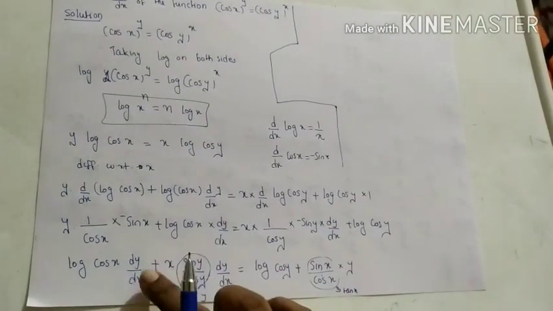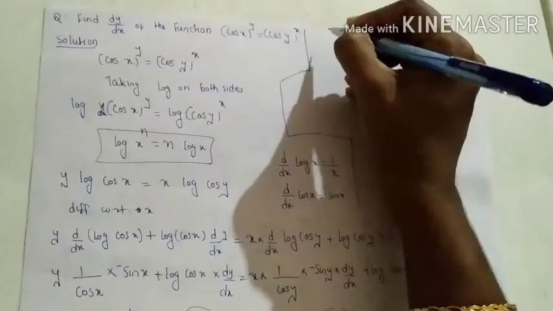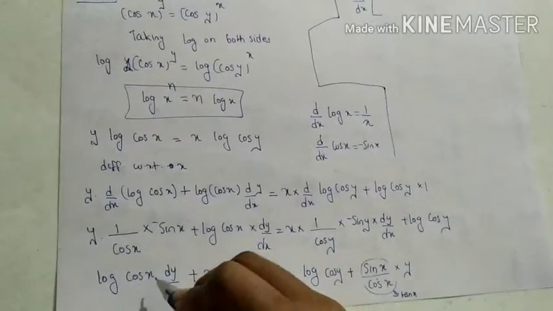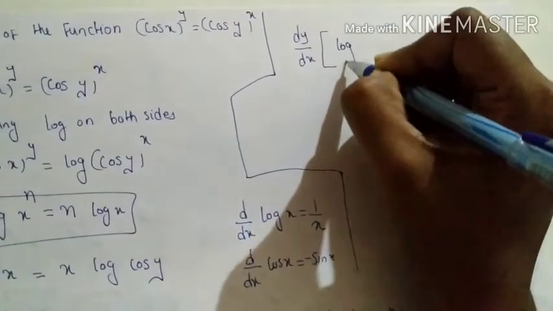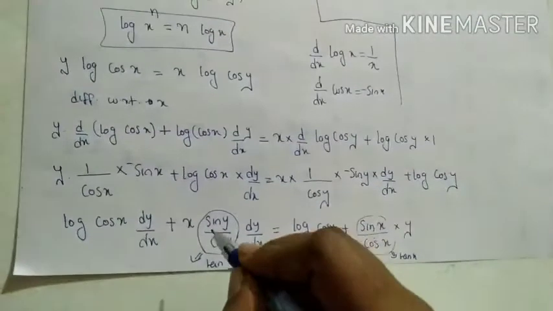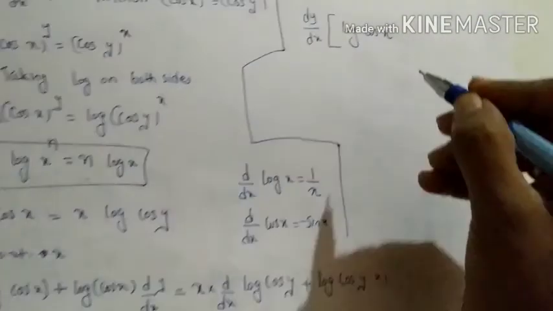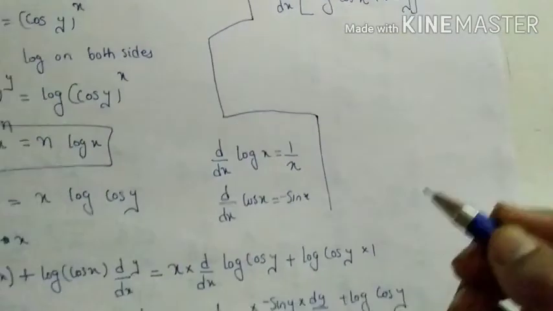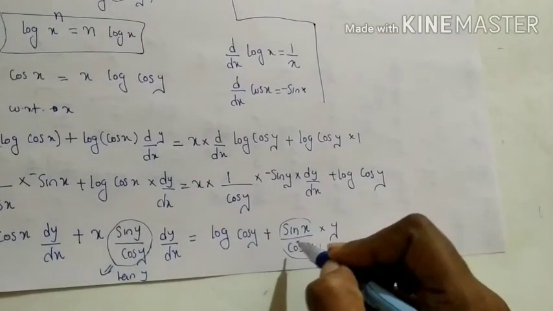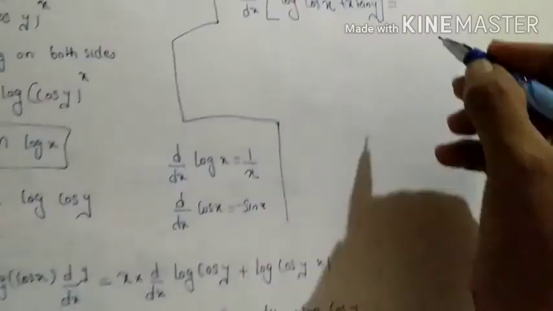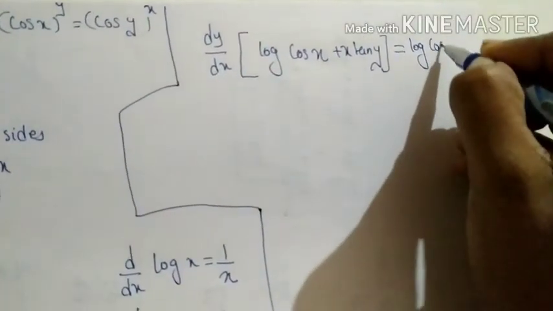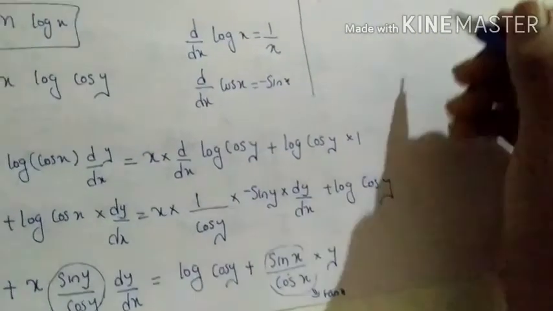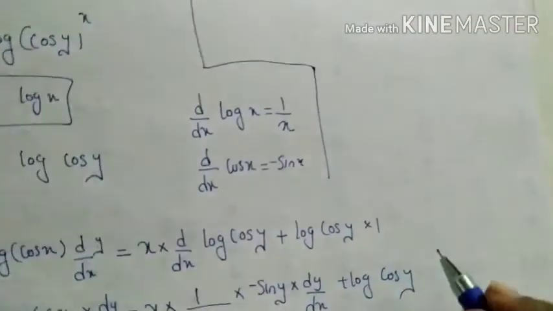So taking this dy by dx outside, we get dy by dx into log of cos x plus x tan y equal to log cos y plus tan x into y.